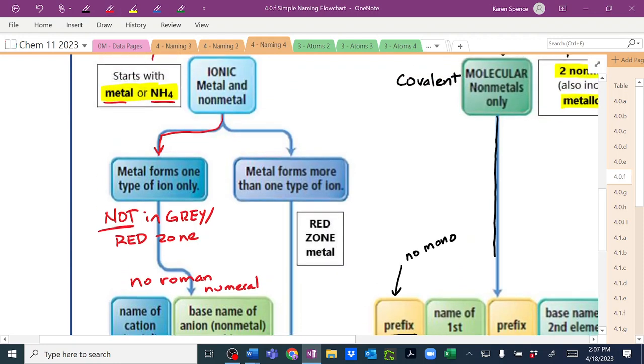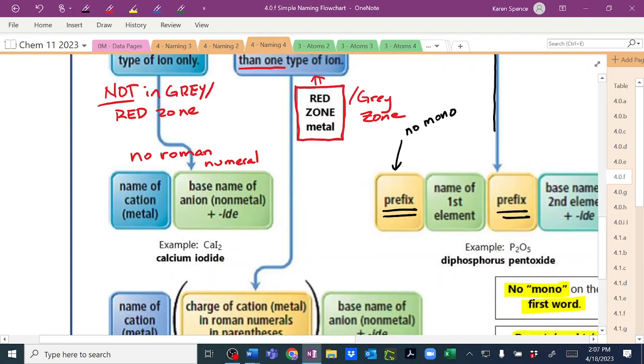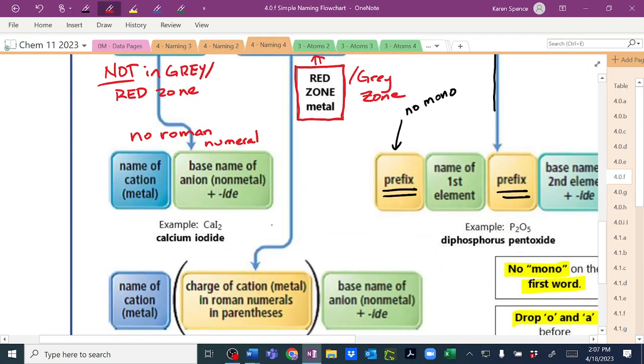Now, if you have a metal that forms more than one type of ion, so in other words, it is in the red zone / gray zone, okay, so if it is in the gray zone, this is where we have the Roman numeral.